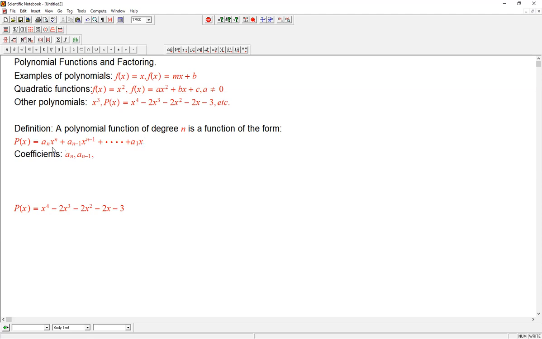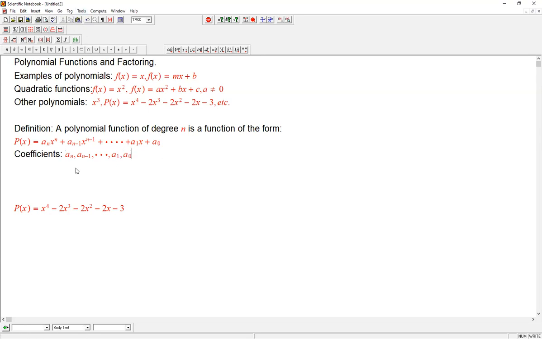You can see the correspondence between a sub n and the degree n term. And the constant term, a sub 0.